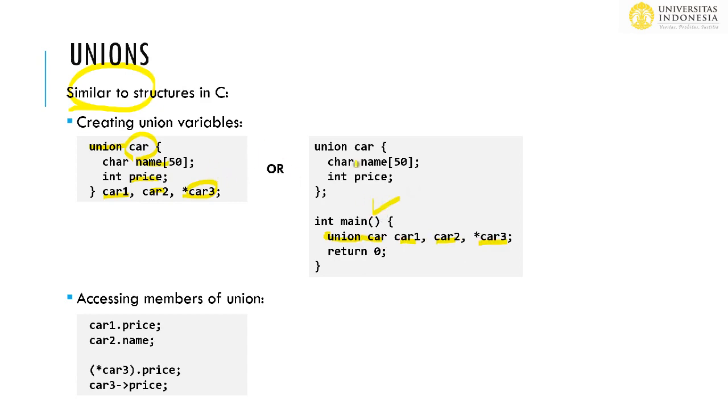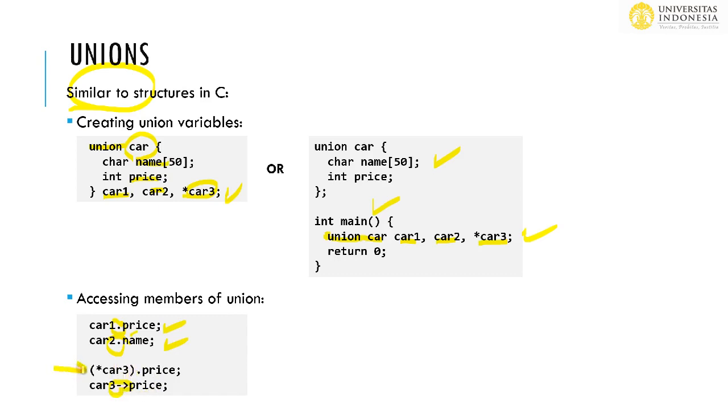So you can see the difference between these two assignments. The first one, you define when you define the union. The second one, the union is defined first, and after that the variables in the main program. It's the same. Working like a structure, you can access each member of the data using the member name separated by the dot operator here, or for a pointer, you can use the structure pointer operator, the arrow sign here.